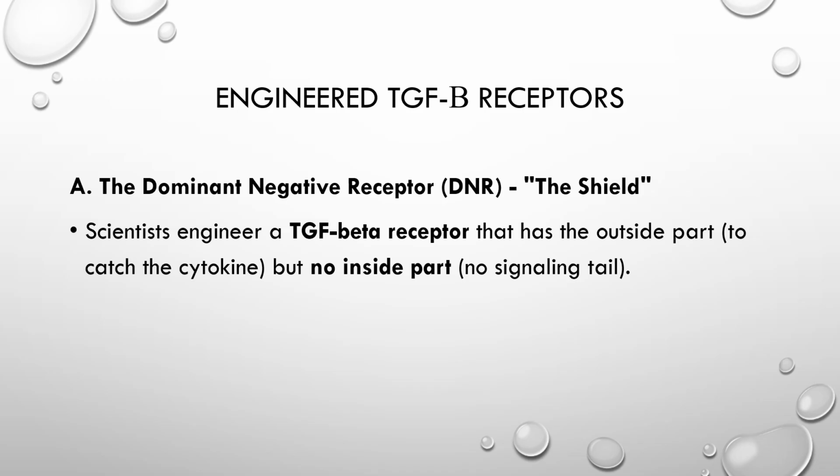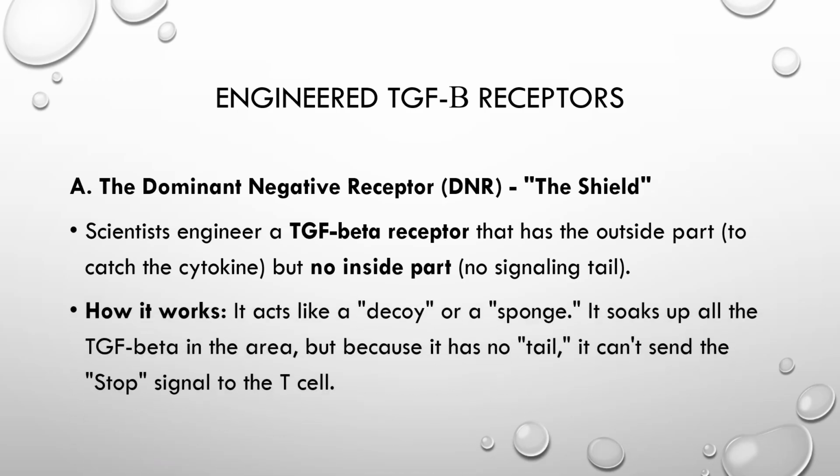It's just been disabled or removed. I haven't looked into how it's done in detail. And it just means that the TGF-β can't send the stop signal. So it basically soaks up all the TGF-β in the area. And the tumor microenvironment has a lot of TGF-β, so it's a lot of soaking up to do, I guess.